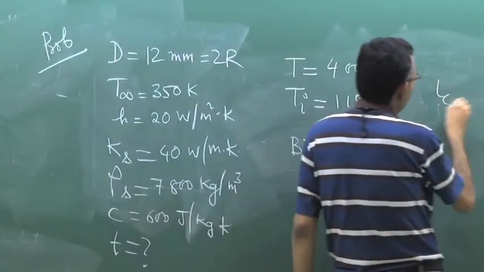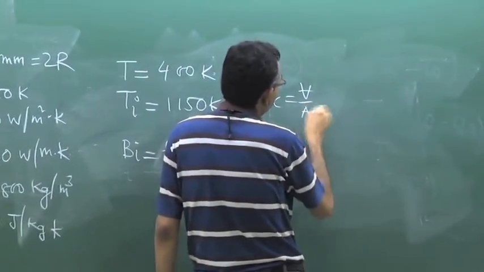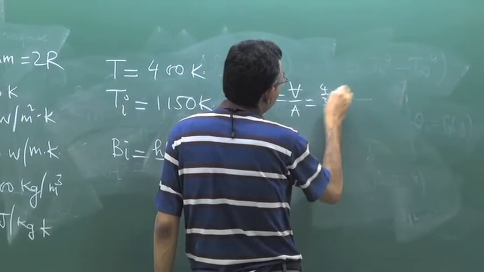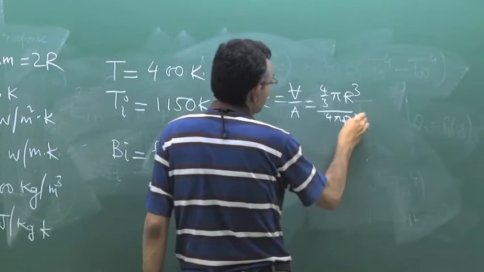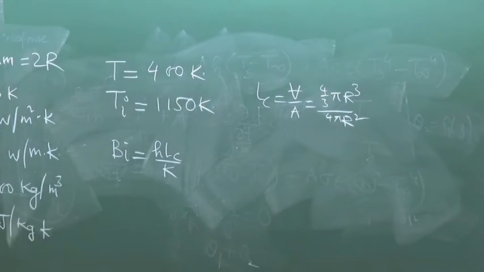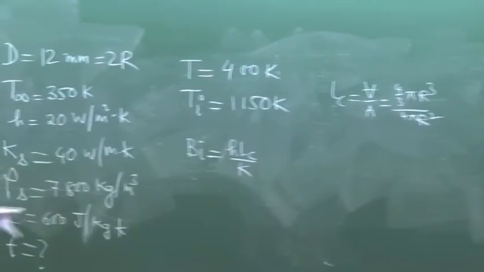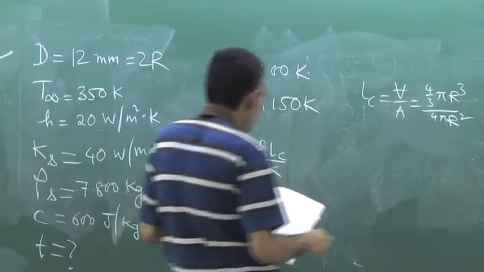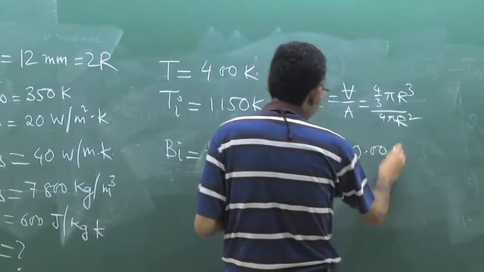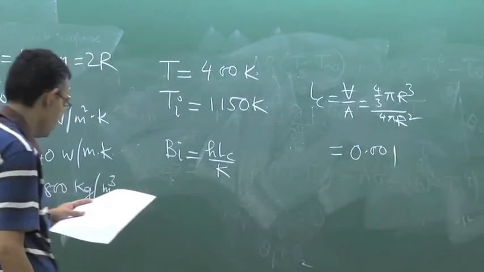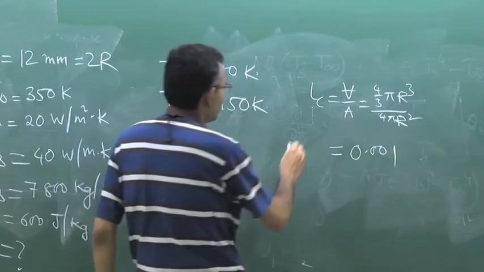So, Lc is volume by area, equal to 4 by 3 pi r cubed by 4 pi r squared. If you substitute the values, this will come out to be 0.001. Sorry, not the Lc, the Biot number.